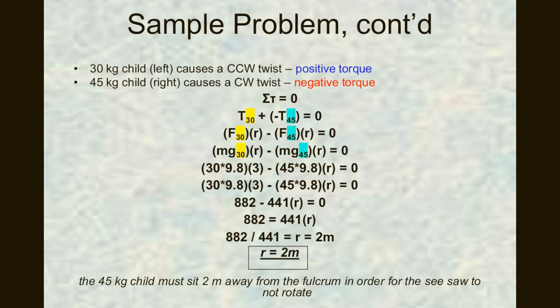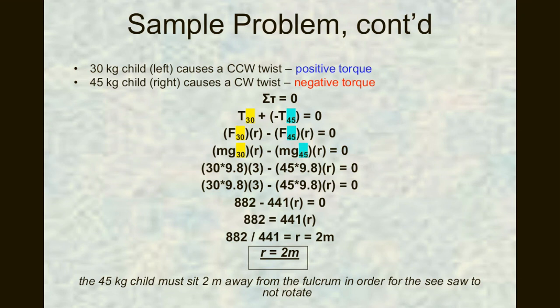You could either subtract 882 and just divide by negative 441, or you could add 441R on both sides, which is what we did here. And you get 441R is equal to 882. Since you're still solving for R, divide by 441 on both sides. 882 divided by 441 gives us the R for the child on the right as 2 meters.